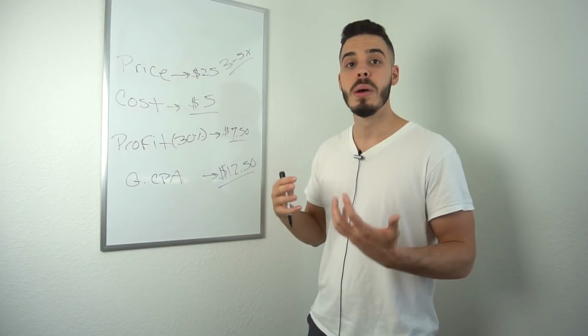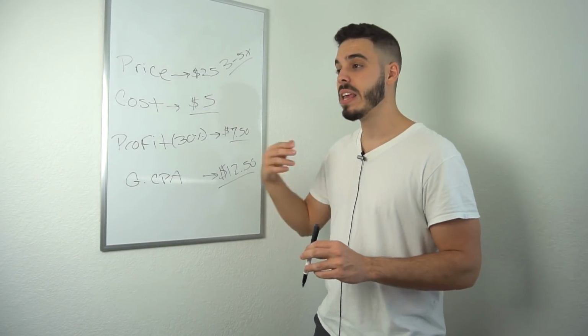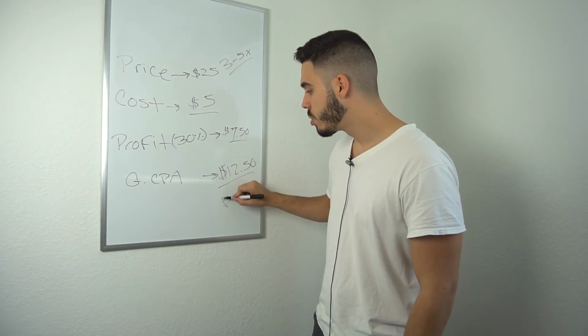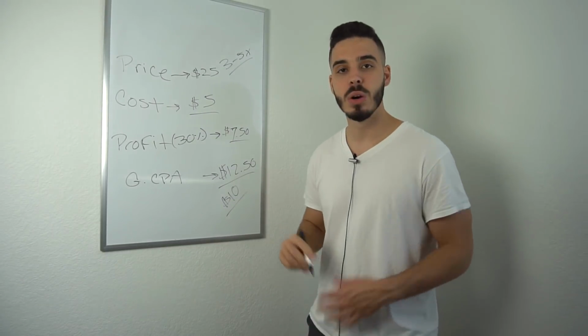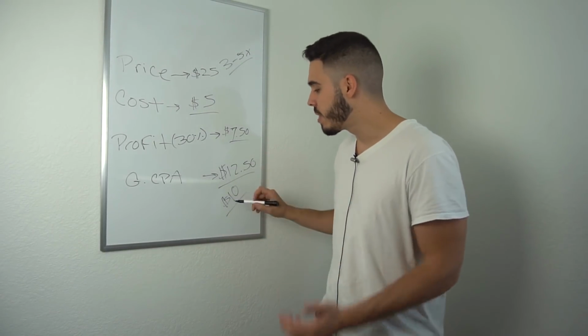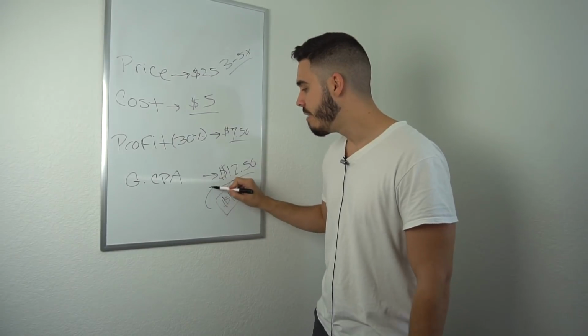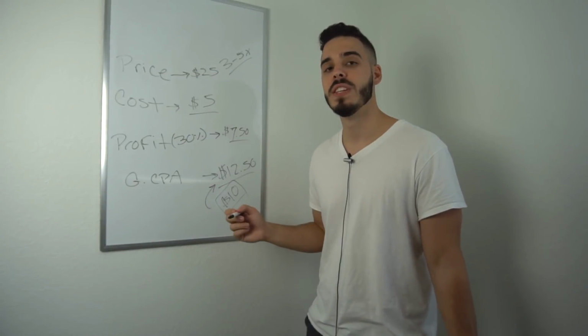People don't understand this, and they go out there and spend, let's say, $10 on advertising, and they stop the product. Why would you spend $10 on advertising and stop the product if you could afford $12.50?